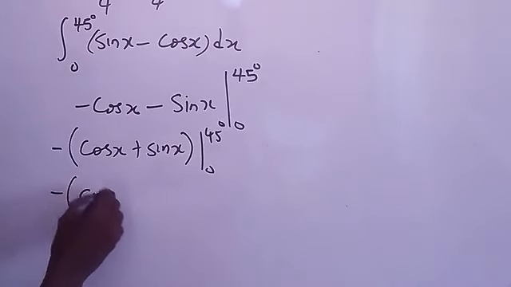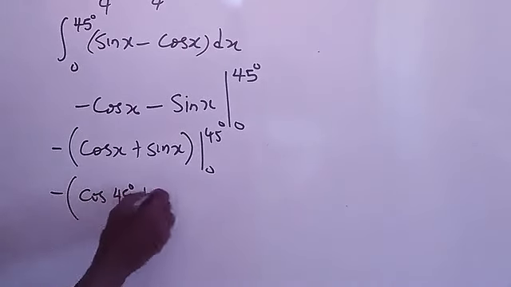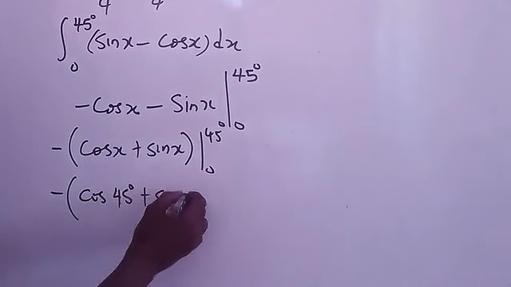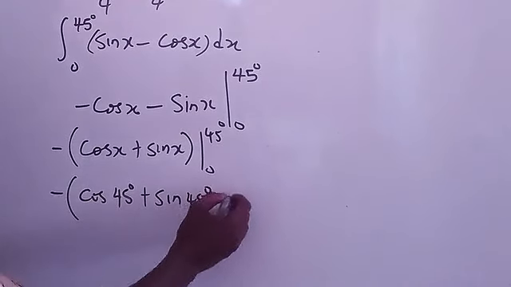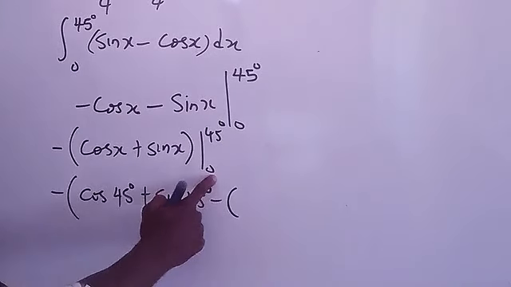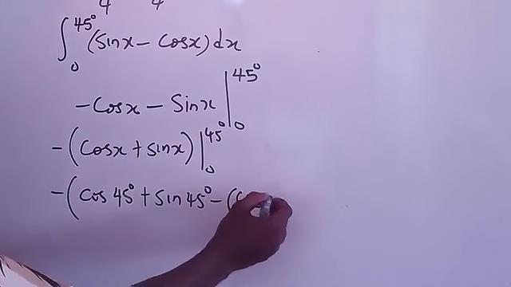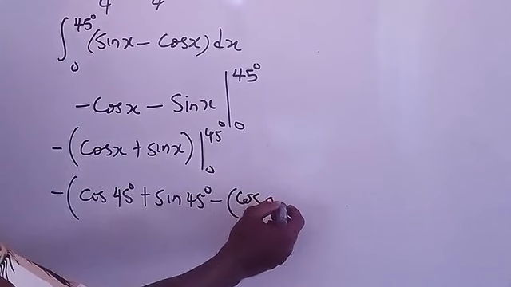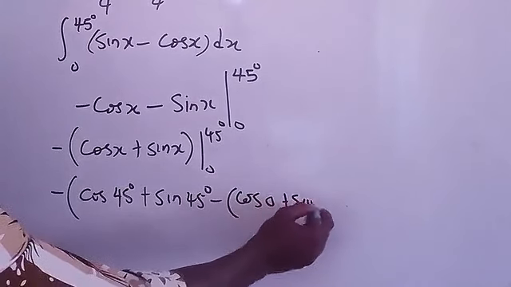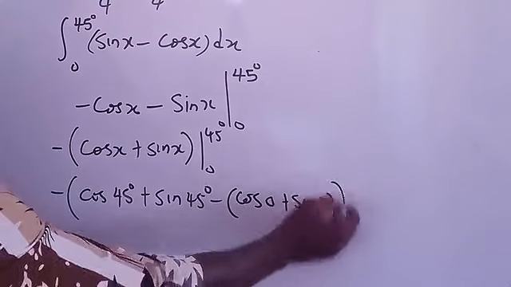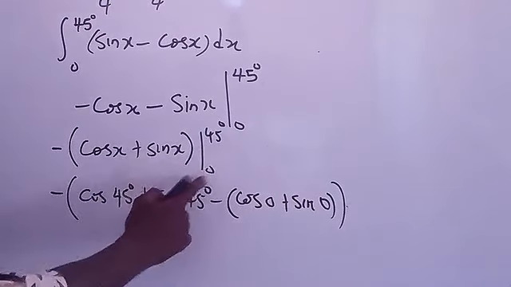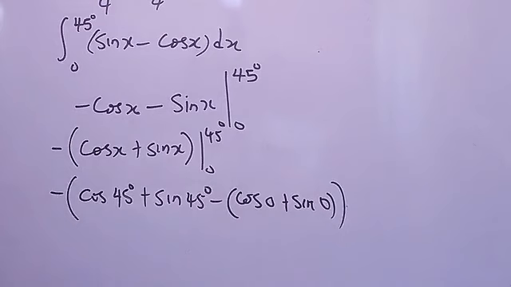We're going to have cos 45 degrees plus sine 45 degrees, minus, putting the 0, cos 0 plus sine 0. Now we have applied both the upper and lower limit. So from here we have minus.